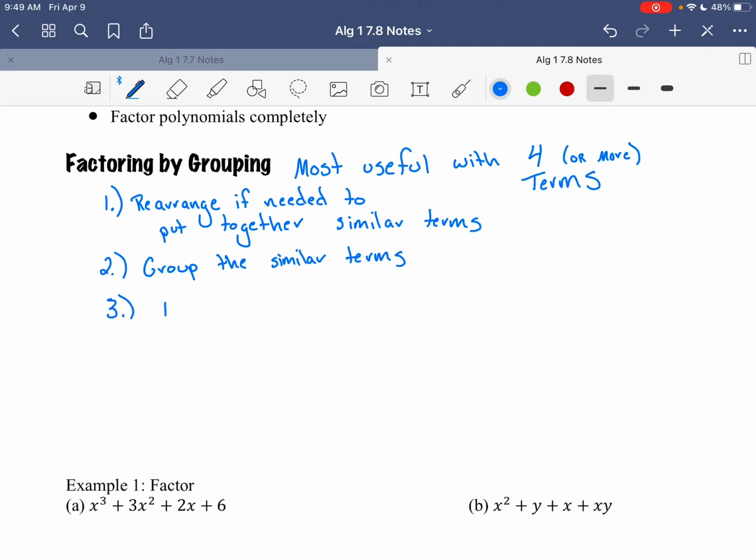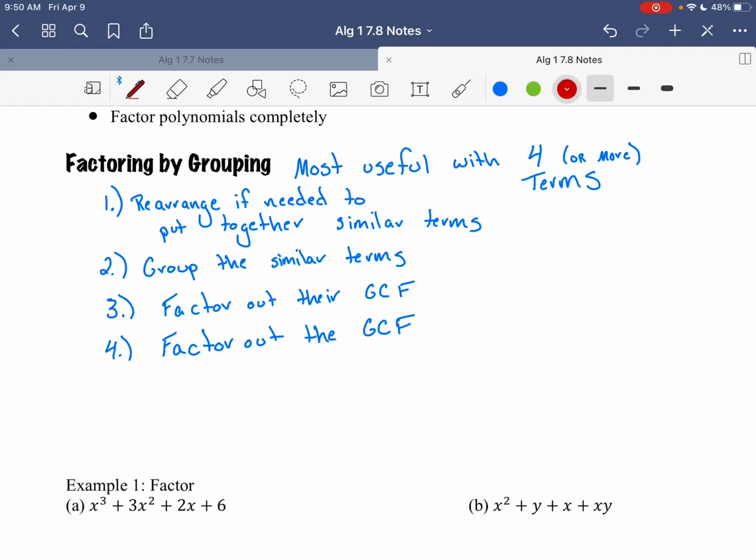Three, factor out their GCF. And then four, factor out the GCF again. Okay, so you might think, oh, well, steps 3 and 4 are kind of the same thing. They kind of are, but you'll see once we put this in action, not really.